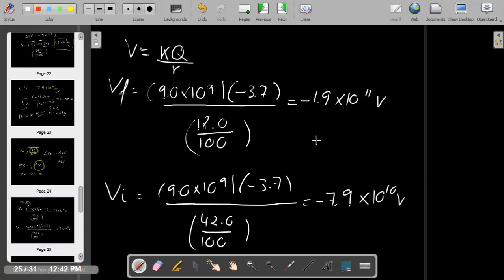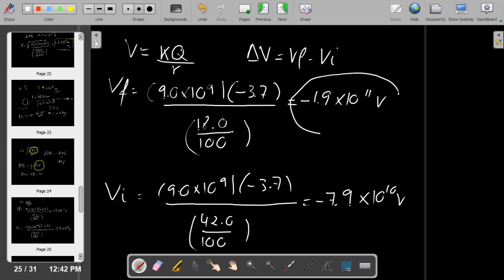Now remember that to find your change in electrical potential, you need to do final minus initial. So take this number minus this number. This number minus this number is going to be minus, and then negative is a positive, so you're going to be adding them. So what do you get?